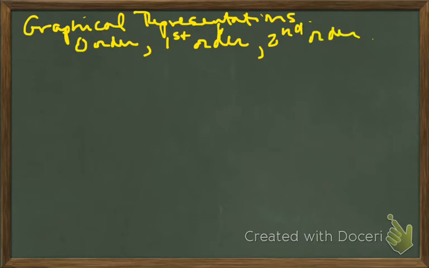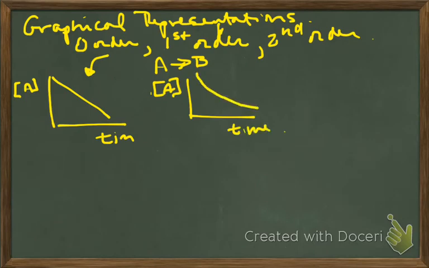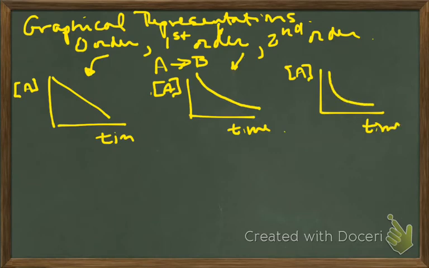I misspoke earlier. So if we were to plot concentration of A over time for a zero order, it would be a straight line down, the reaction being A going to B. Okay, so here's zero order. First order, also looking at the concentration of A versus time, we would get that kind of a graph. And then for second order, concentration of A over time, you would get a much steeper kind of curve.